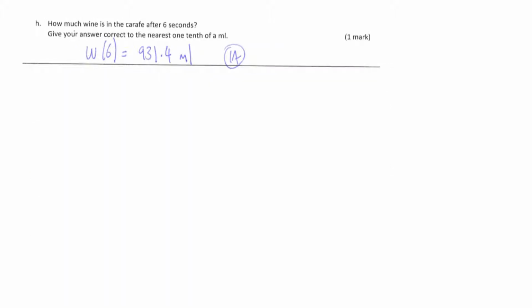Okay, we're on the home stretch. How much wine is in the carafe after 6 seconds? Well, clearly, if you got the correct answer to the previous part, it's simply whacking in 6 for T in the expression and coming up with your answer. If you had the incorrect answer but substituted 6 for T and got something reasonable, an unreasonable expression, of course, would be where the wine value was greater than 1500 or very, very close to 0 or negative.